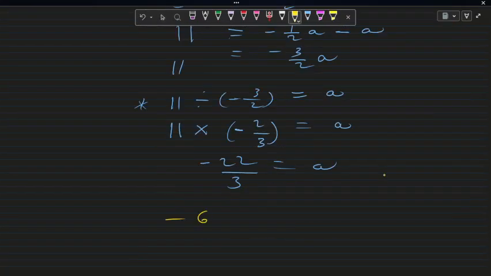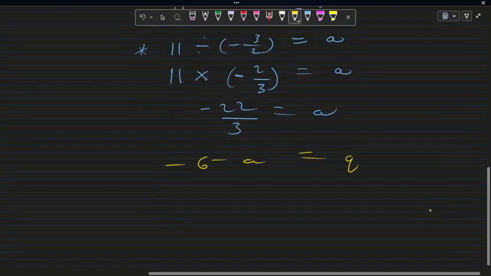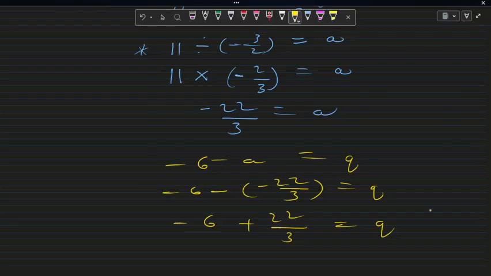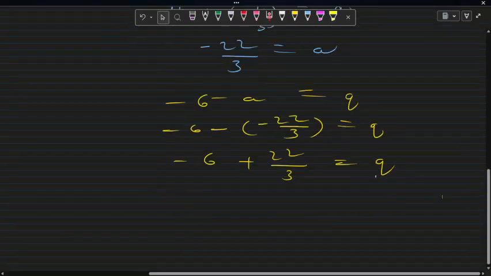So we saw that -6 minus a will give us the value of q. Now we have the value of a. Okay, so -6 minus -22 over 3. This will give us the value of q. Okay, so if I work this out, it will be -6 plus 22 over 3, which is equal to q.